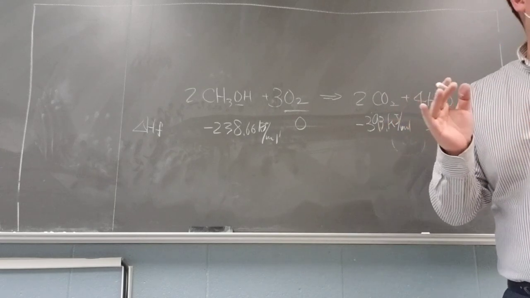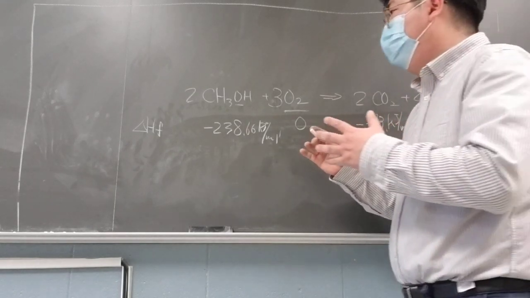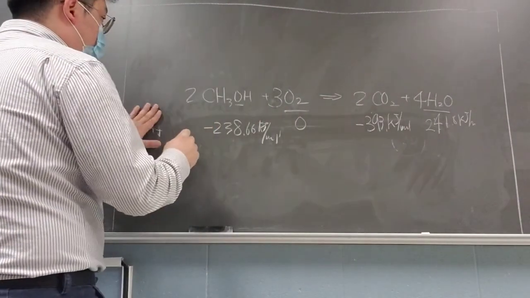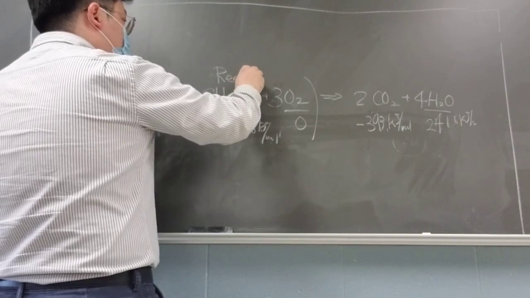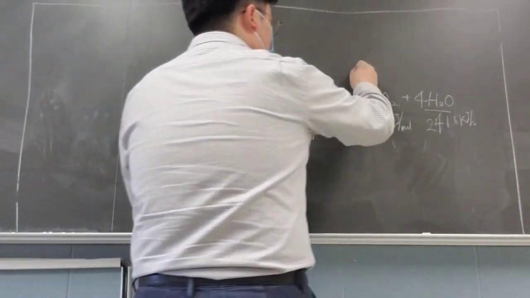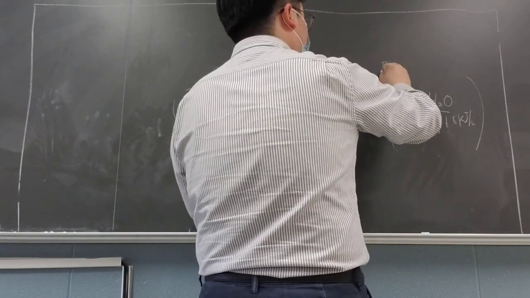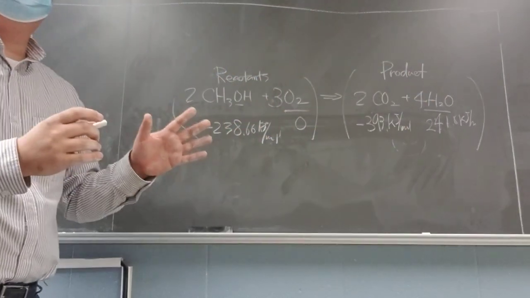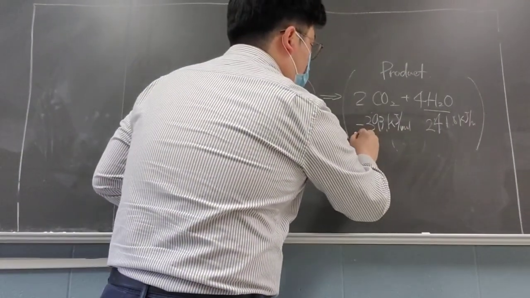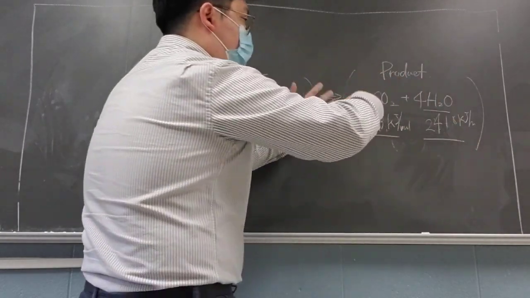Yeah, so if you have this one over here, what you're going to do is the same. So these are your reactants, and these are your products over here. Okay. So the only thing you have to do is add this number and this number together.